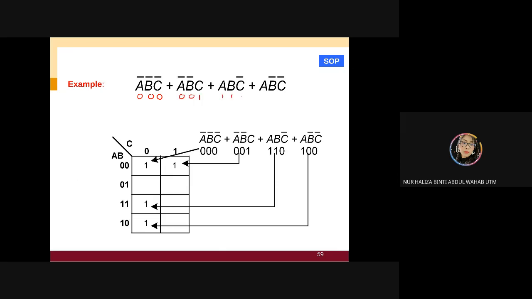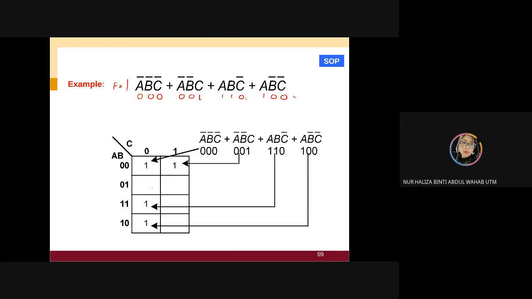Okay, the rest, I'm going to speed up. You will get this, and for all these product terms or binary values, you will get F equal to 1. So you need to draw your truth table, KMAP.